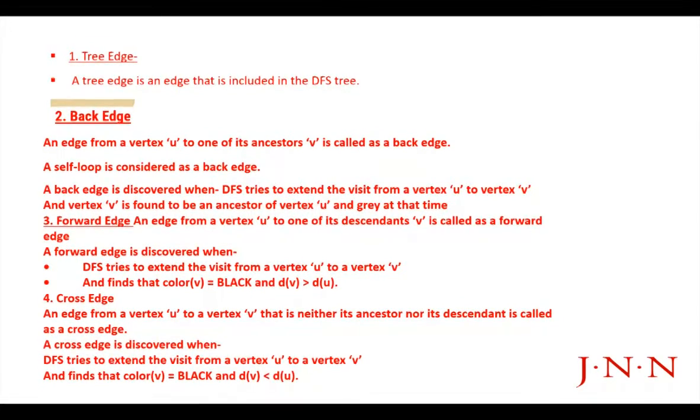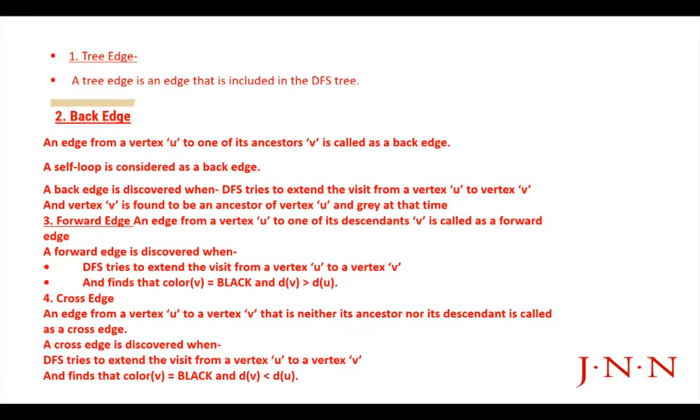Here we are introducing the 4 different edges on the depth first search tree. First, it is a tree edge. A tree edge is an edge that is included in the depth first tree.